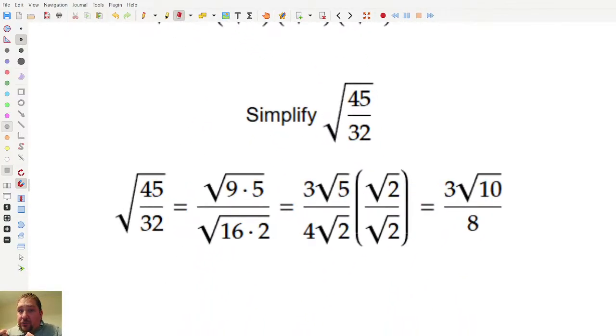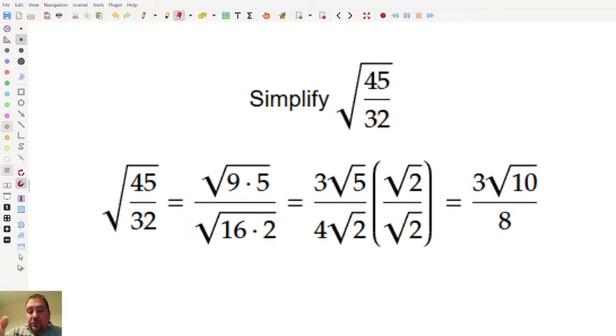Here's an example that uses both the quotient property and rationalizing. If we were asked to simplify the square root of 45 over 32, we could recognize, okay, I want to think back to my perfect squares that are going to get pulled out. 45, I know, is 9 times 5, and 32 is 16 times 2.